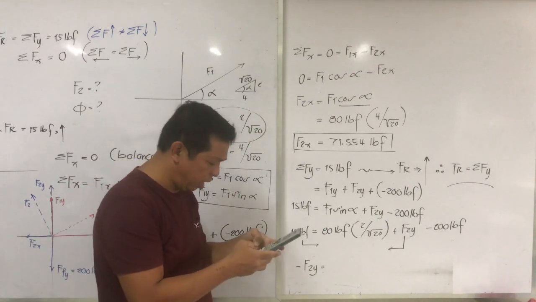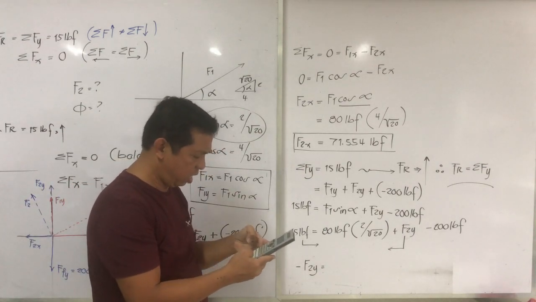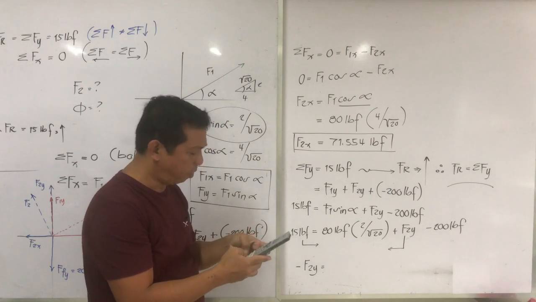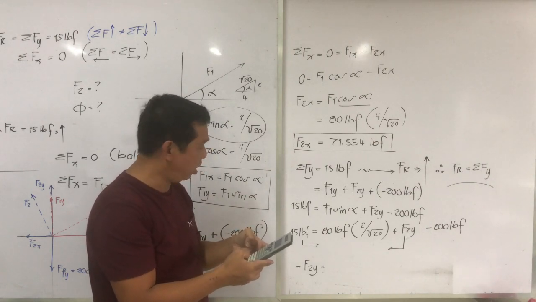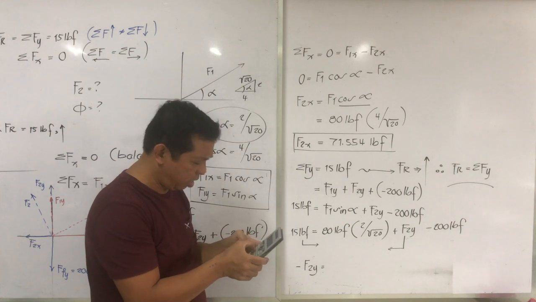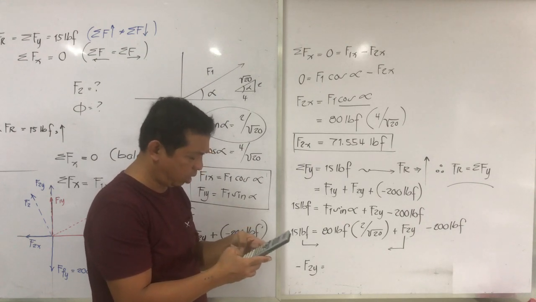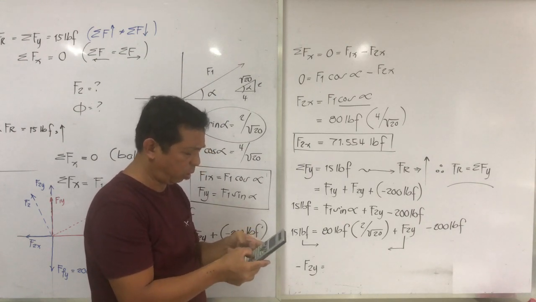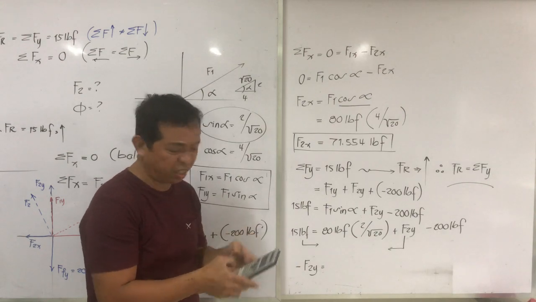So that would have to be 80 times the value of 2, which is to be divided by the root of 20, giving us an answer that's equivalent to 35.777.